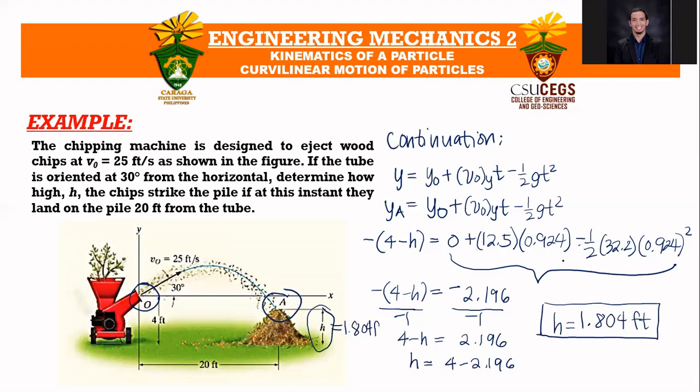which is equal to 1.804 feet. And take note, since like what I've said, since ang atong YA is going downward man, so negative man siya, if you notice, ang gravity nga no, wala na to siya gi-negative, kay based man sa atong equation, negative na mismo ang 1/2 gt squared.